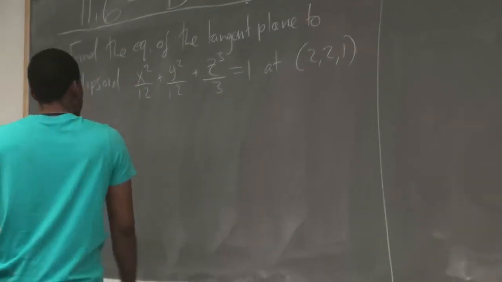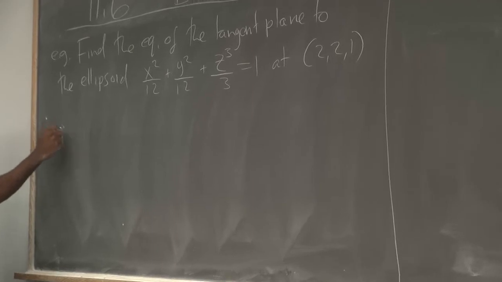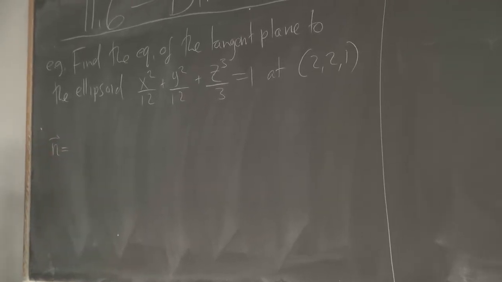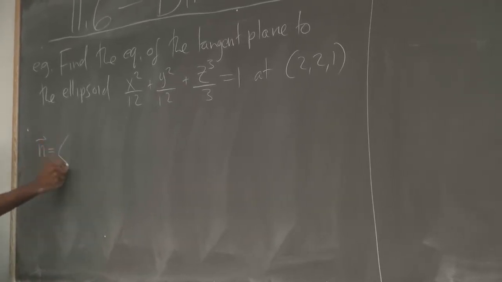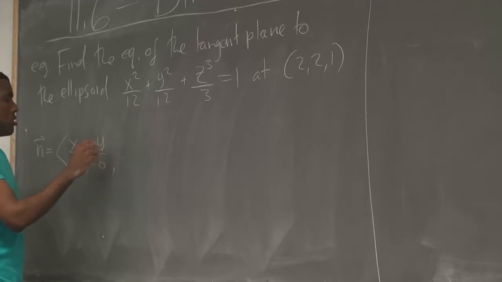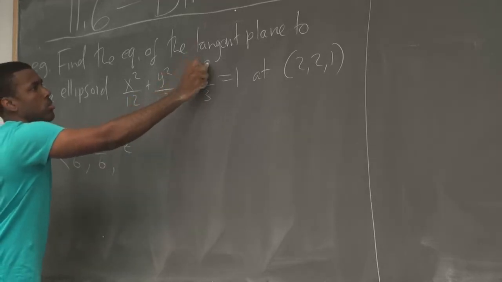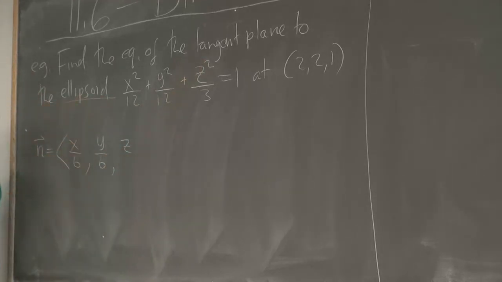Tangent plane here. What's my normal vector formula? So f_x, f_y, and f_z, which is 2x over 12, which is x over 6, y over 6, z squared over... Oh, that should be a square. I said ellipsoids. I'm sure you pointed that out.